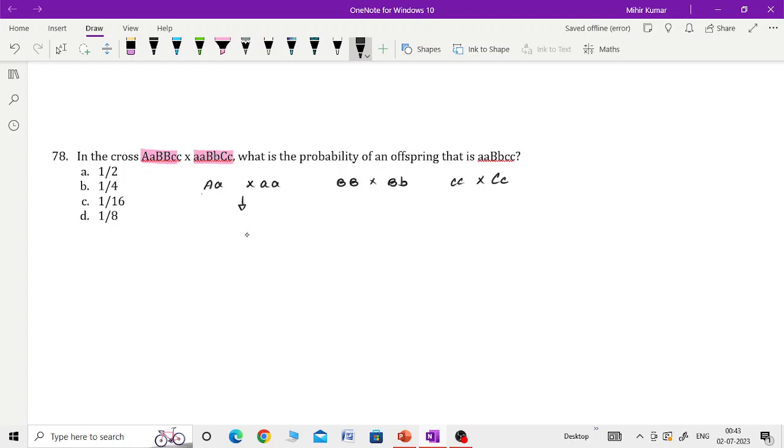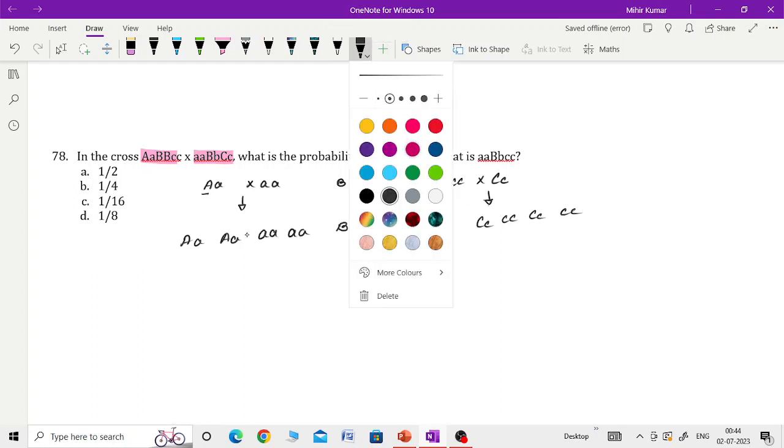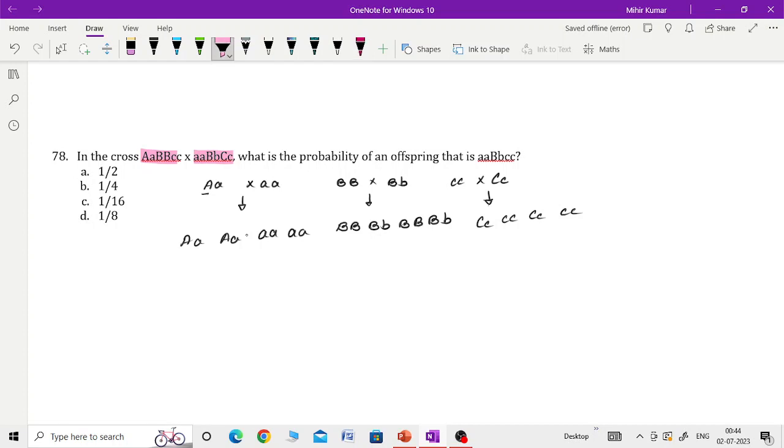In that condition, we get capital A small a, capital A small a, small a small a, small a small a. The progeny for B: capital B capital B, capital B small b, capital B capital B, capital B small b. The progeny for C: capital C small c, small c small c, capital C small c, small c small c. Then we check what the question is.